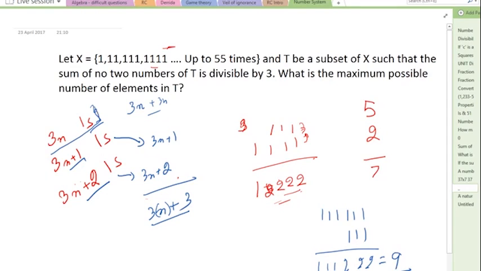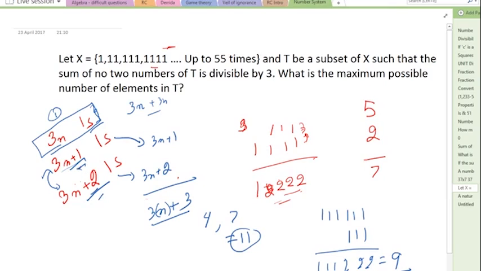We can max take 1 from this bucket, and we cannot overlap these two buckets. But we can take as many as we want from any one of the other buckets. If we have two numbers which are 3n plus 1 sort, say one has 4 ones and the other has 7 ones, then their sum will be equal to 11, which is not divisible by 3. So which bucket do we choose?